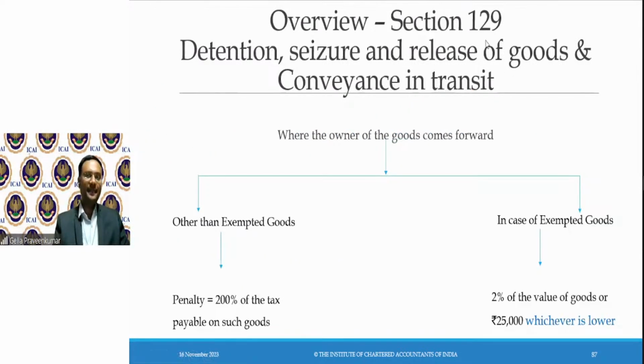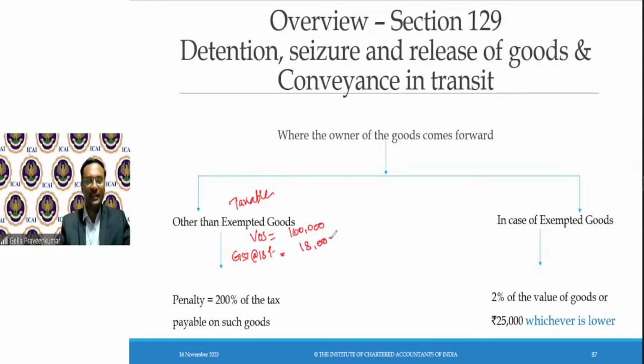So what happens? I know that there was a contravention. What will the GST officer do? In case the goods are taxable, straight away 200% of the tax payable on the goods. Assuming that my value of supply is 1 lakh and my GST is at the rate of 18%. My GST happens to be 18,000.